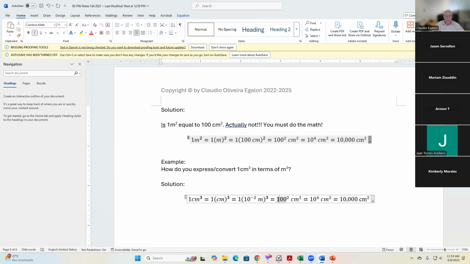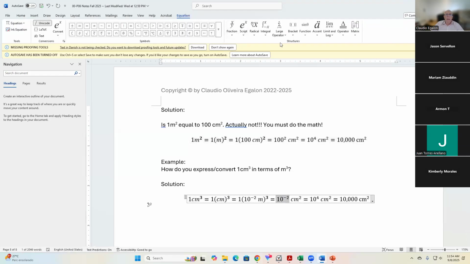And look what we get. We get 10 to minus 2 raised to the cube. And we have our meter that's also raised to the cube.